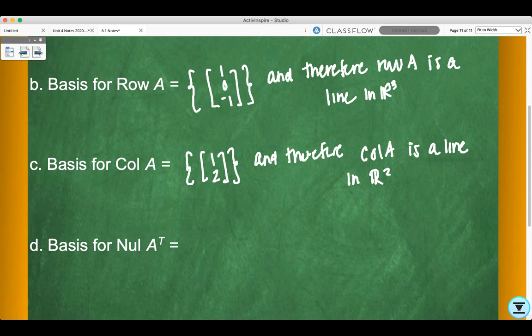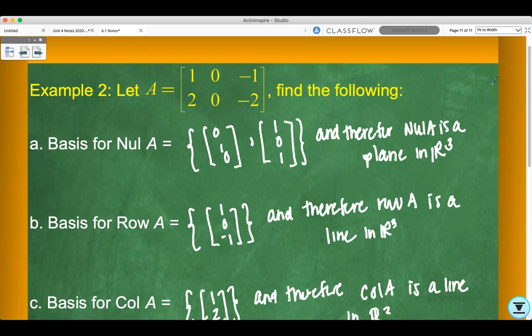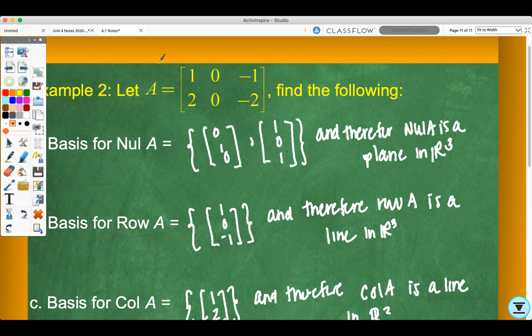Basis for Null A transpose. So we need to go ahead and get A transpose. And A transpose would be the matrix with rows (1, 2), (0, 0), (-1, -2). So we would need to use that for this. And when you get this into reduced row echelon form, you end up getting x1 equals negative 2 x2, and x2 being free.